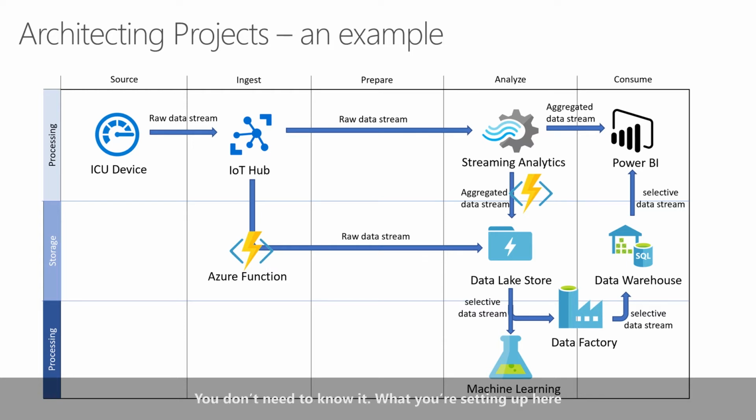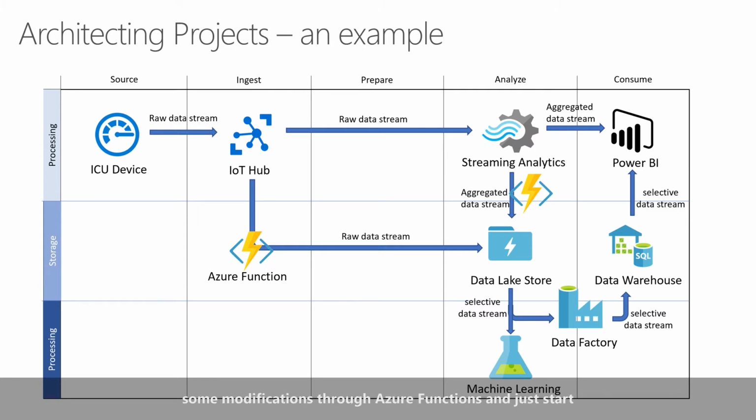What you're setting up here is the fact that data can come from new sources, not applications, but maybe devices. And that raw data is ingested by new technologies like IoT hubs. And then they can be prepared in different ways. Some of that data may be ingested and analysed straight through a technology like stream analytics.